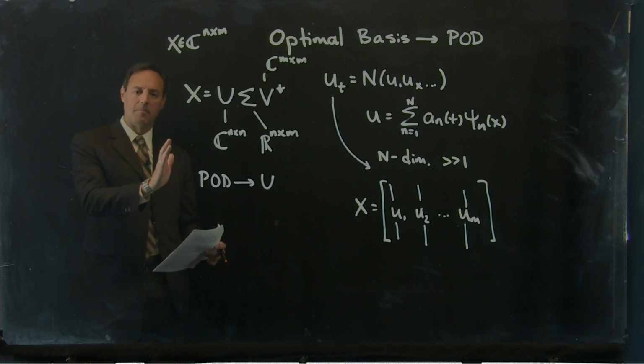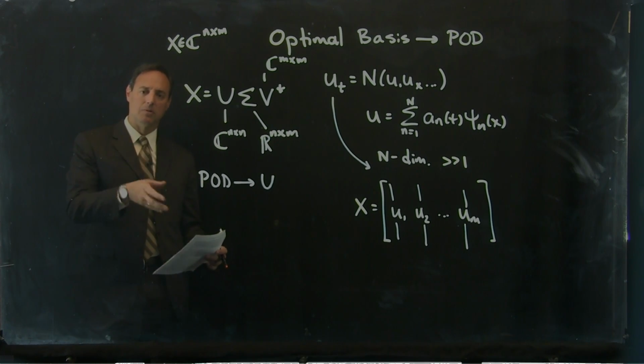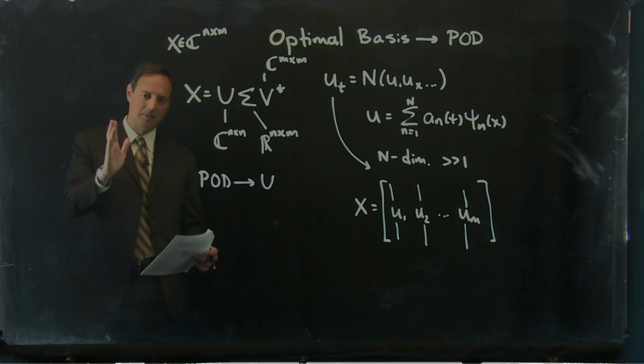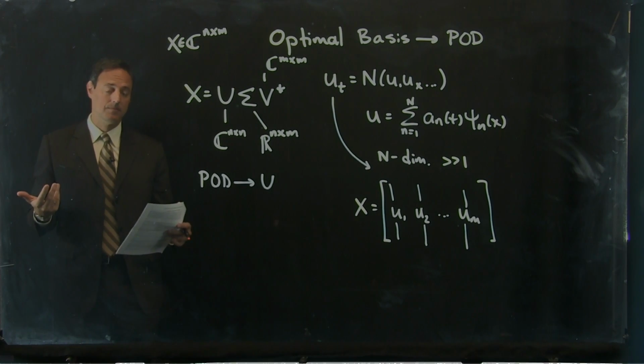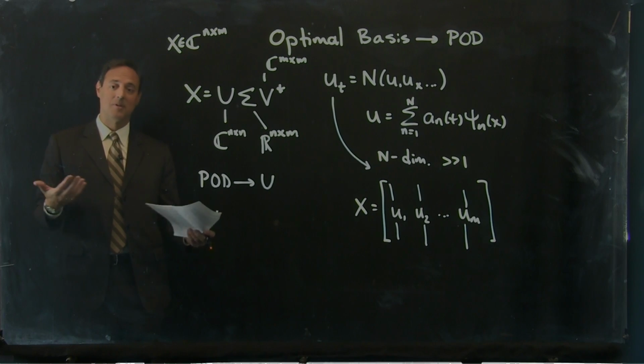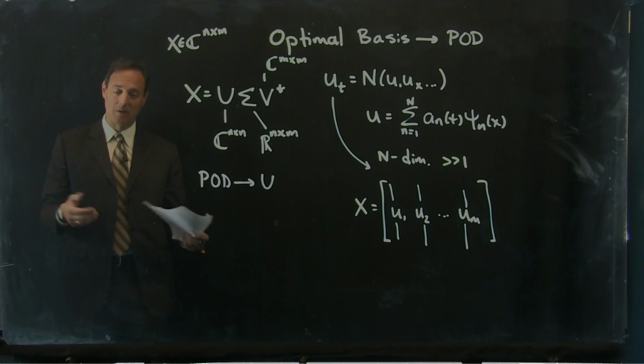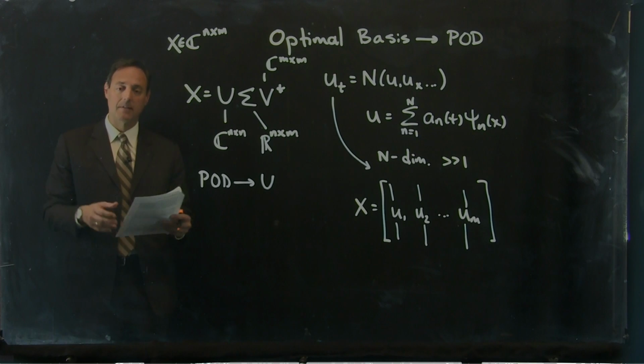Each column of the matrix U are your dominant modes. The first column is the most dominant, then the second most dominant, third most dominant. They're orthogonal to each other, and as U comes out, they're orthonormal to each other as well. Okay, so an orthonormal set.